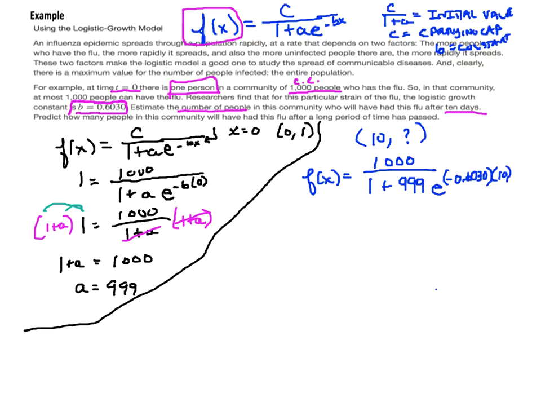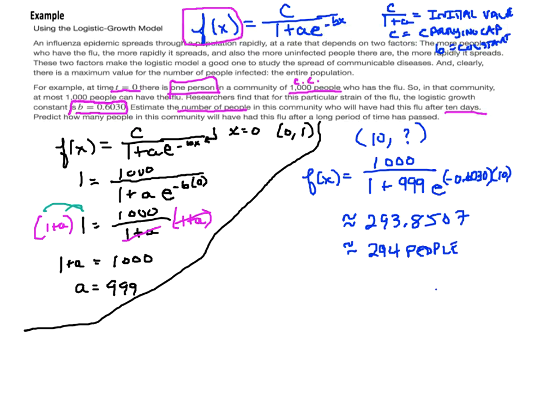And when I put all that into my calculator, I get that this is approximately 293.8507, so almost 294 people are infected at that time.